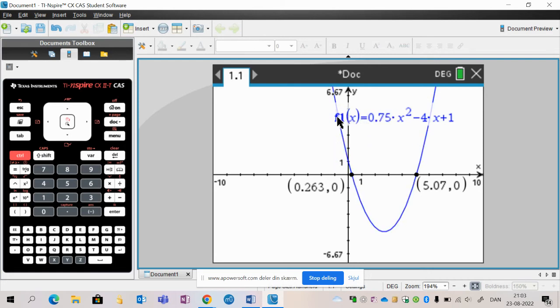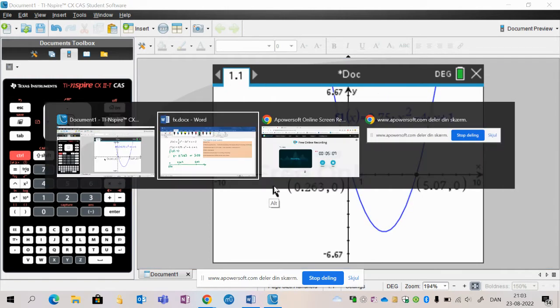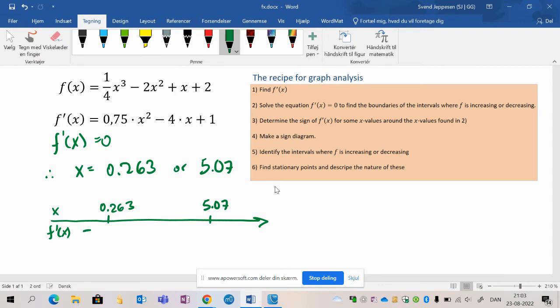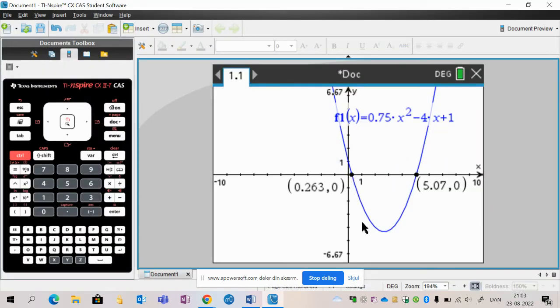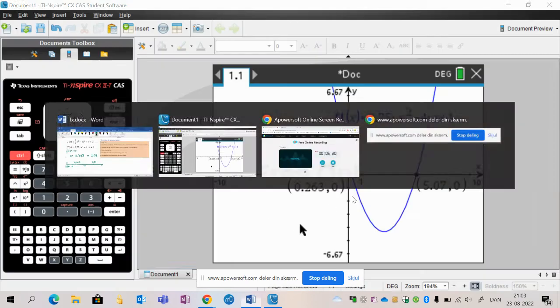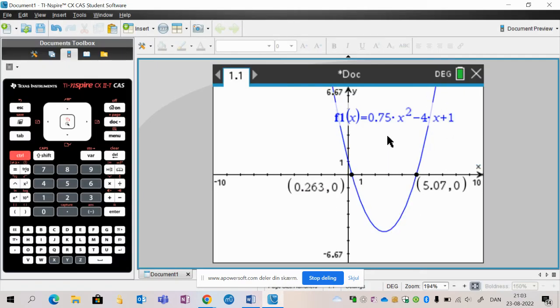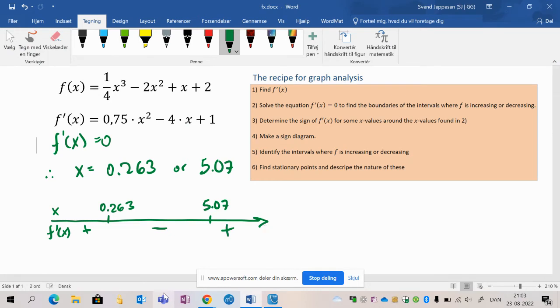If you're in a hurry, you could supply the graph of f dashed in your answer, and then simply state that in the first interval, f dashed is positive. In the second interval, f dashed goes below the x-axis, so it is negative. And in the last interval, it's positive again. You could quite easily just state that, but then you will have to give a sketch of the graph.